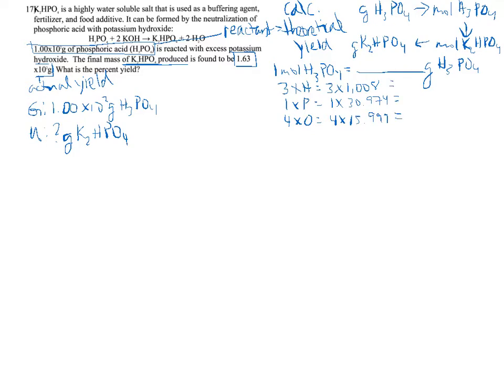So we multiply across and add these up. That is 3.024, this is 30.974, and that one is 63.996. And then we add them to get 97.994.